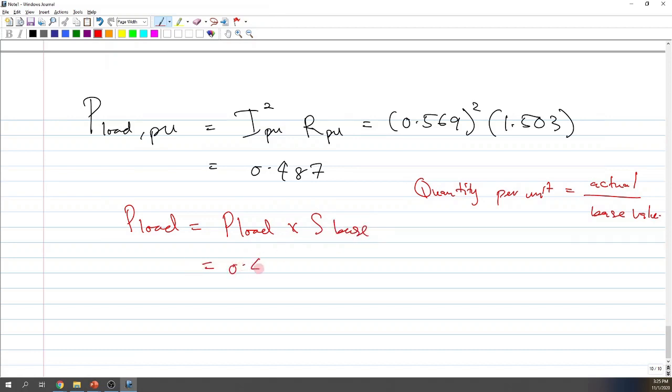Okay, 0.487. Okay, darabkan dengan 10K tadi. Sama dengan 4070 watt. Okay, ini untuk P load lah. Okay, ini untuk yang C tadi yang dia minta power supply kepada load. Supply kepada load kan.